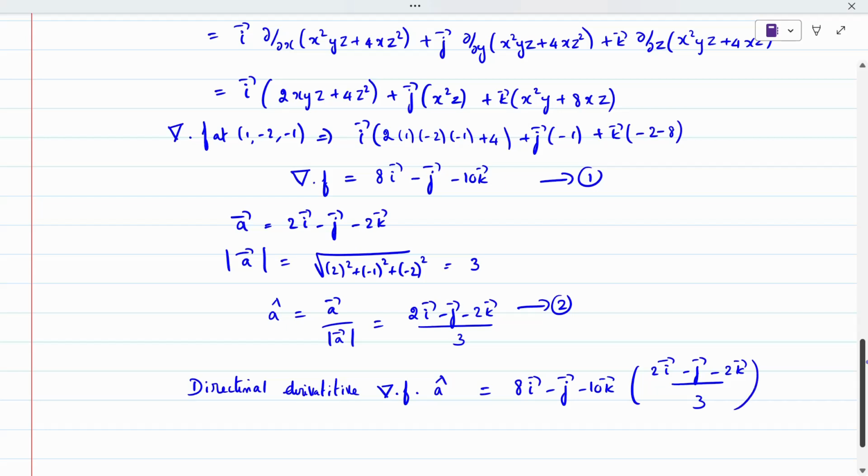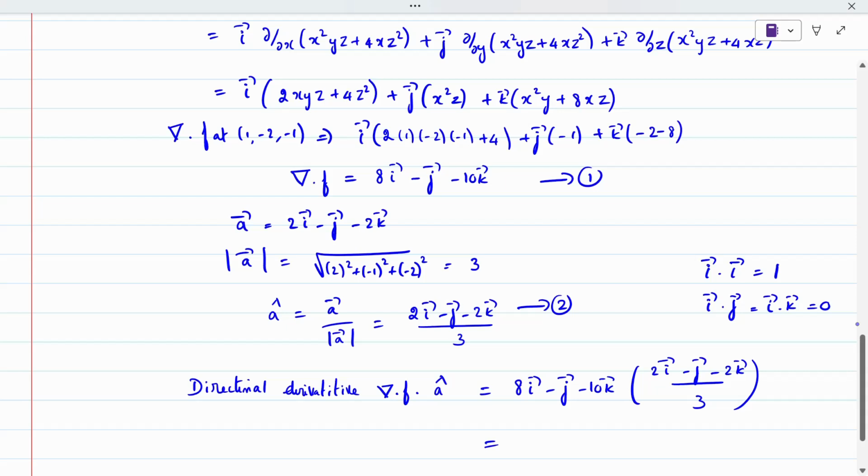Everyone knows the dot product of i vector with i vector is 1, and i vector with j or with k is 0. Any other multiplication I cannot do; only the same vector I can multiply. So i into i, j into j, k into k, and everything else becomes 0.